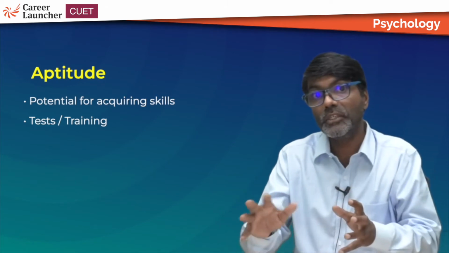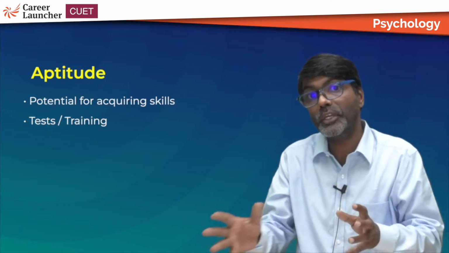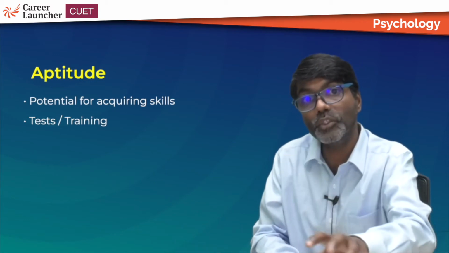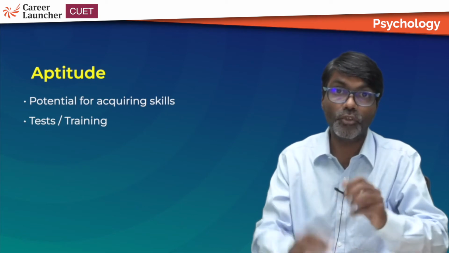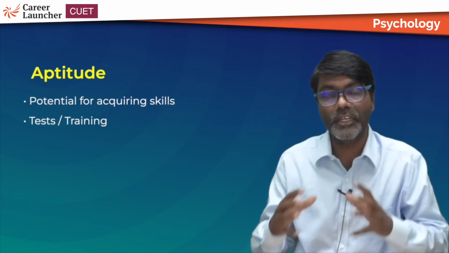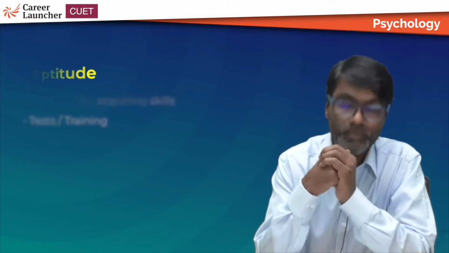They might learn English, Hindi, languages, communication quickly, but you might learn mathematics quickly. So every single job needs a certain kind of skills. That capacity is called aptitude.